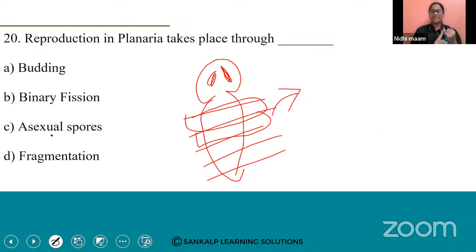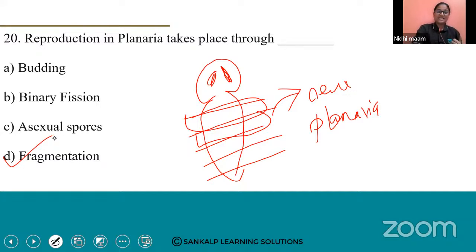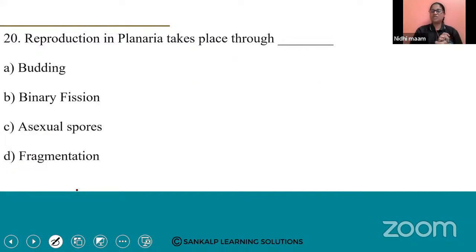Budding example is yeast, right? Then hydra. Binary fission, amoeba. Multiple fission, amoeba and Plasmodium vivax. Asexual spore, Rhizopus, which is a fungus, right? Penicillium. So these are all by asexual spores. So option D, fragmentation, is the right answer.